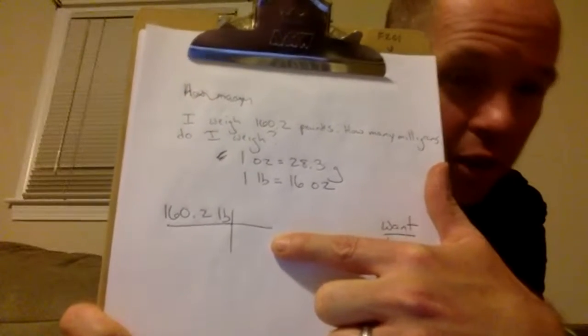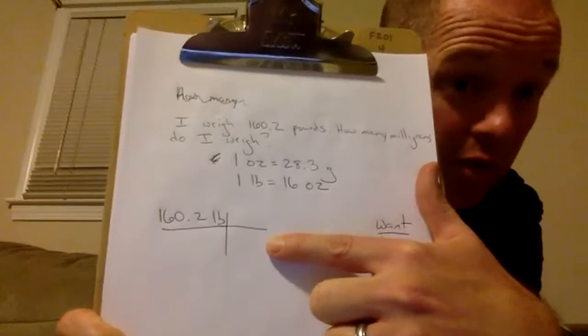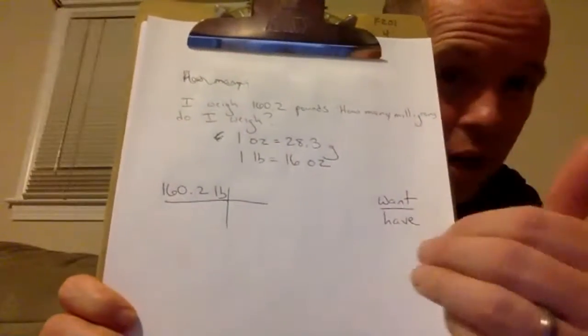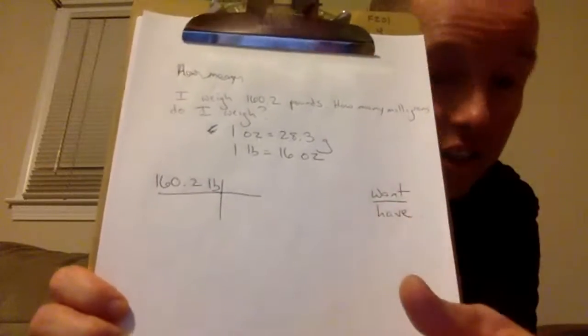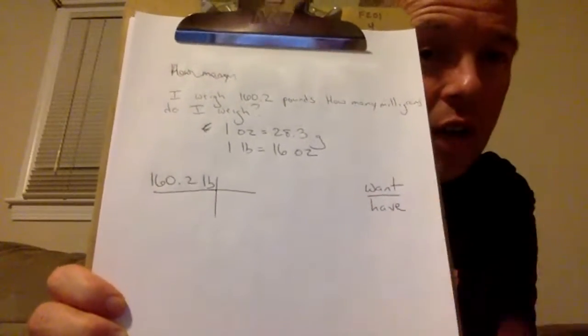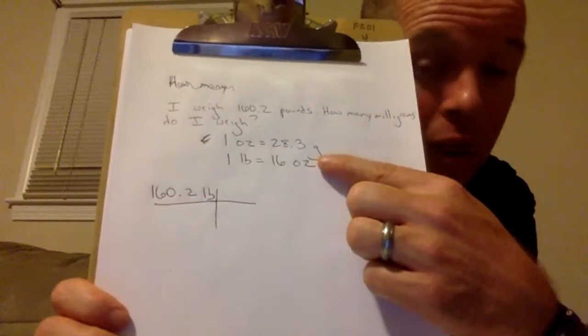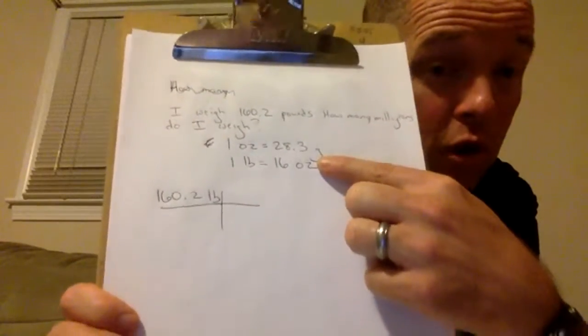The rules here are the same as they are for fractions, where if you had something on the top and the bottom, you would cancel it out. Except now we're trying to cancel out units, and we're carrying whatever numbers are attached to those units with us to do our math. So if I set up this next step, 1 pound goes on the bottom, and then 16 ounces goes on top.